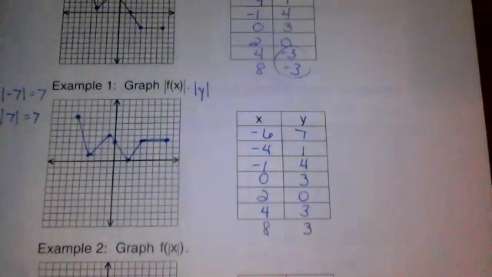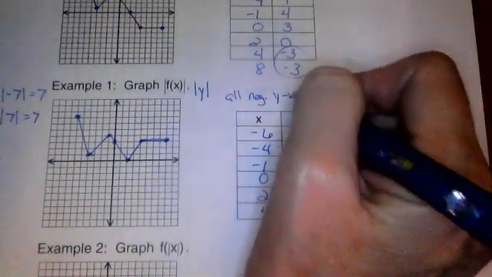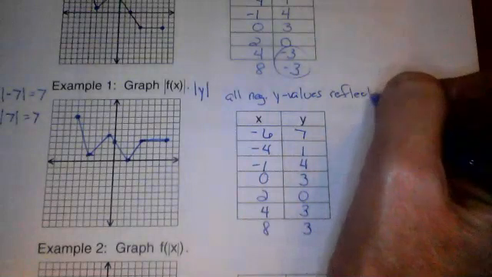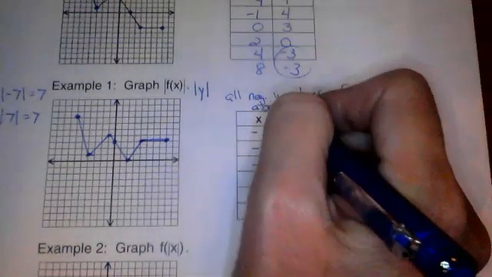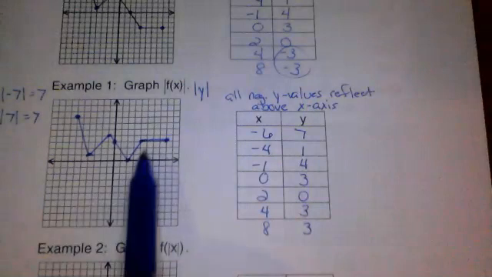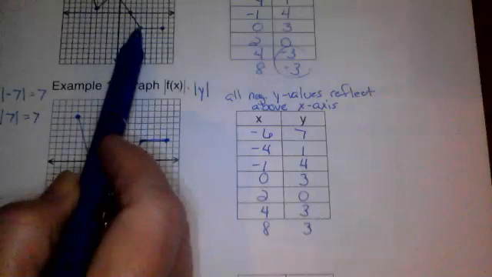So if we're trying to determine if we've done this graph correctly, just remember that all negative y values reflect above the x-axis. So even these right in here, these are their values all in between these points.